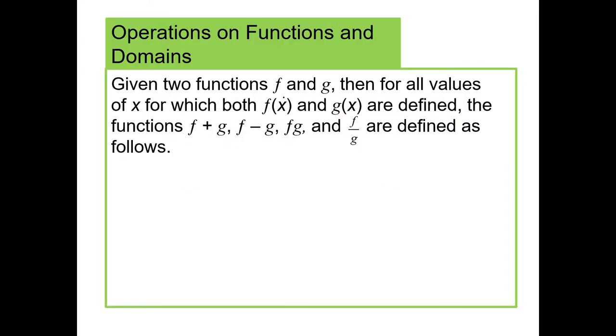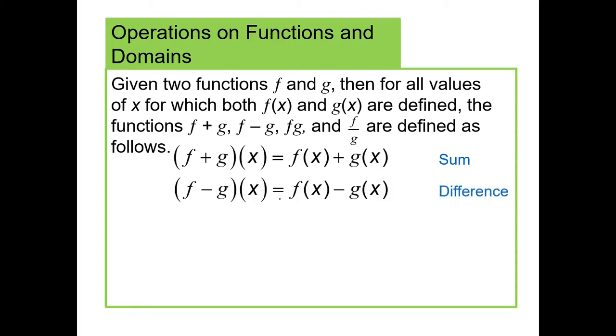Given two functions, f and g, then for all values of x for which both f of x and g of x are defined, the functions f plus g, f minus g, f times g, and f over g are defined as follows. F plus g of x is the sum of two functions, f of x plus g of x.